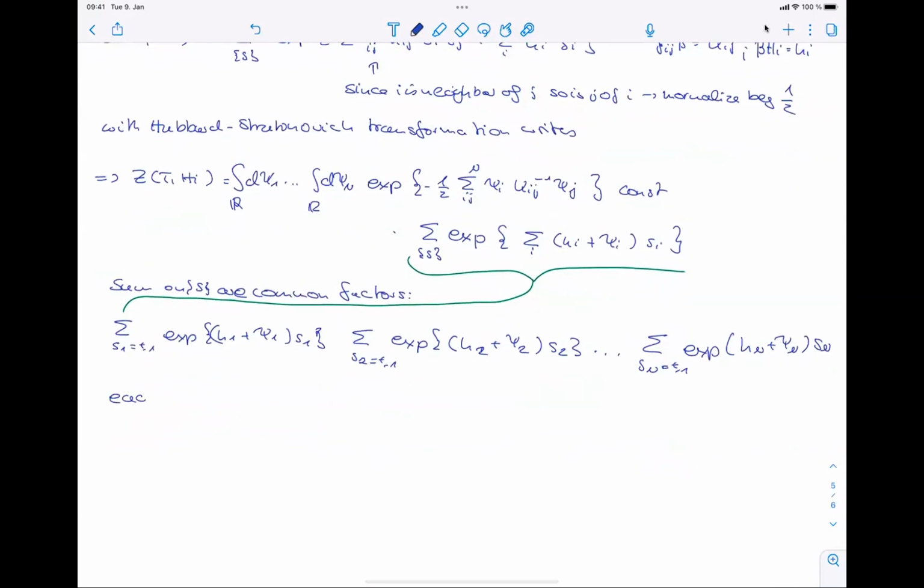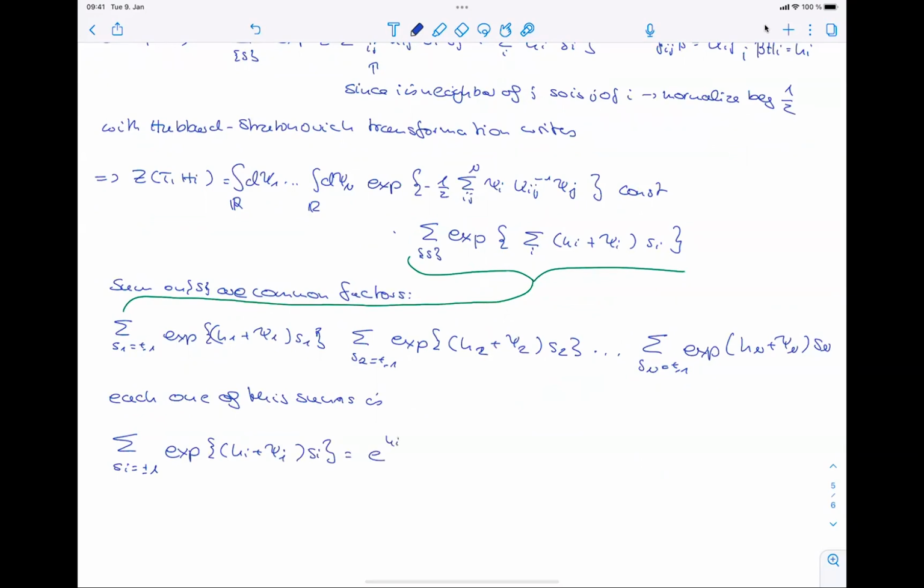And so each one of these sums, if we just solve it for the i-th spin, we've seen this before.